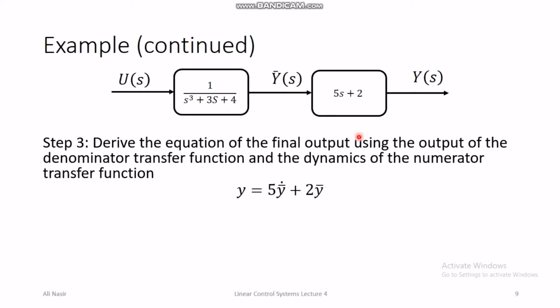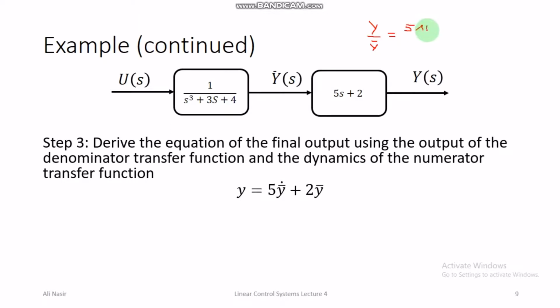So if you convert this, if you take the transfer function y over y bar equal to 5s plus 2, then y bar will go to the other side. So let me just write this. y over y bar is equal to 5s plus 2.